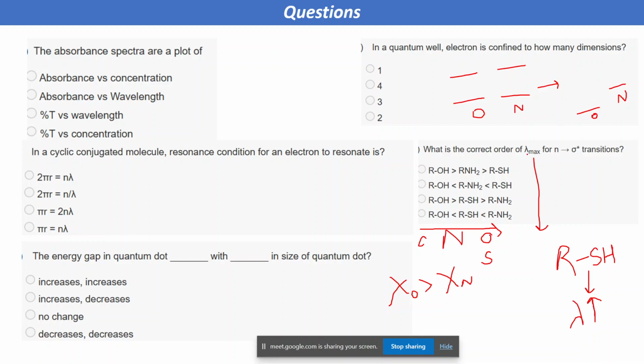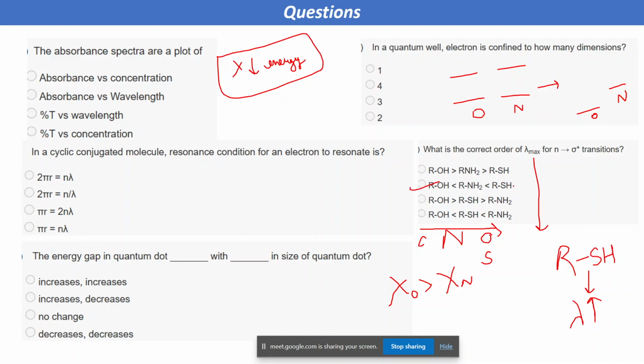So remember that electronegativity decreases the energy. If the levels are here, for oxygen the level will decrease. As oxygen is more electronegative, more decrease will be observed for oxygen. So for that reason, RSH will have a higher lambda max.